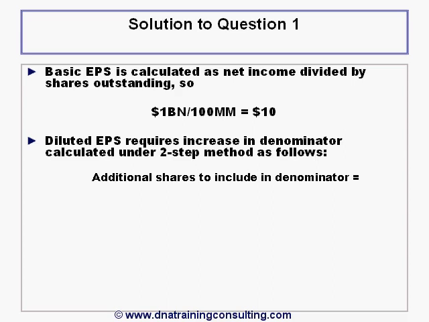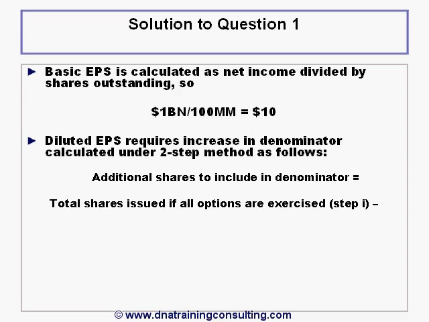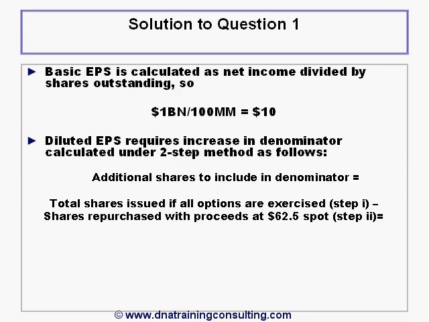The additional shares to include in the denominator equal the total shares that would be issued if all options are exercised, step 1, minus the shares that could be repurchased with the proceeds from option exercise at a spot price of 62.5 under step 2, which comes to this quantity here, or 6 million additional shares.